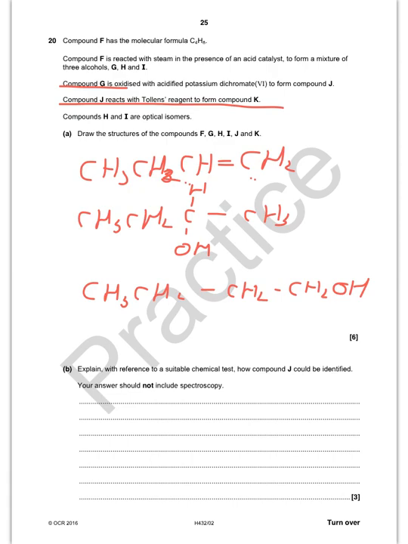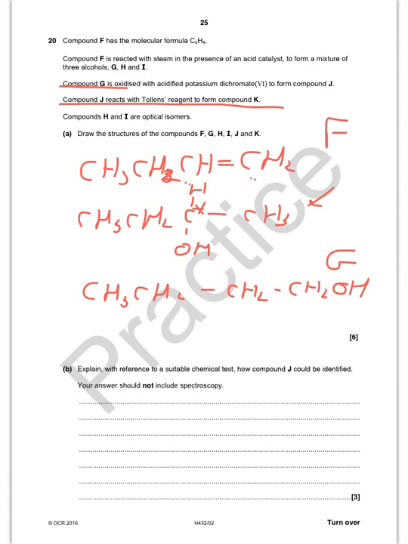Now this one here has got a chiral carbon, so I'll draw him in a minute. I've run out of a bit of space, but this is going to be F. This one is going to be G, isn't he?